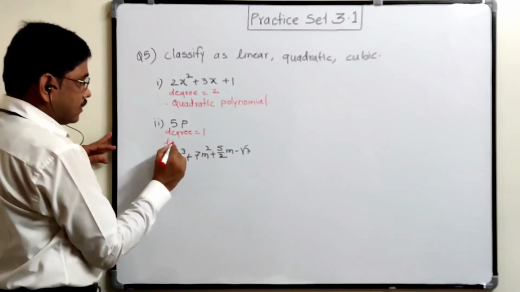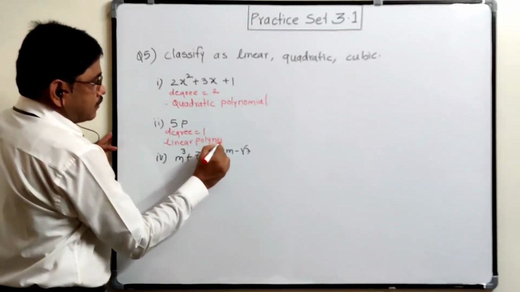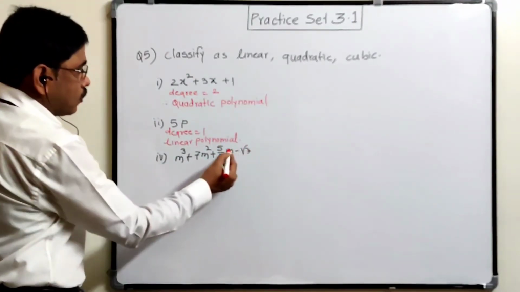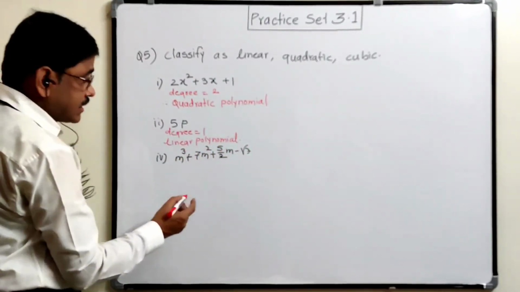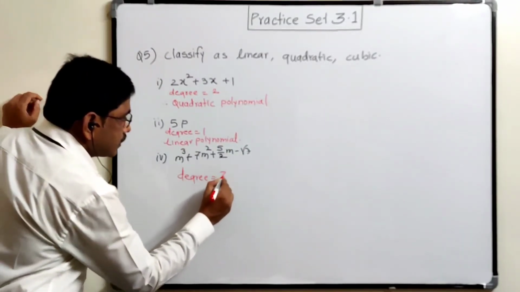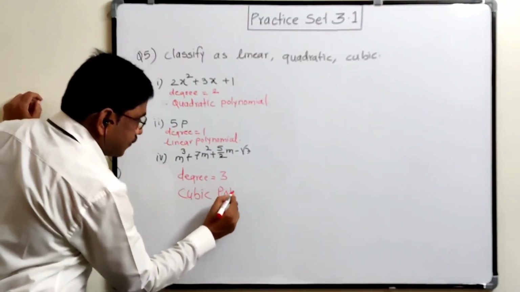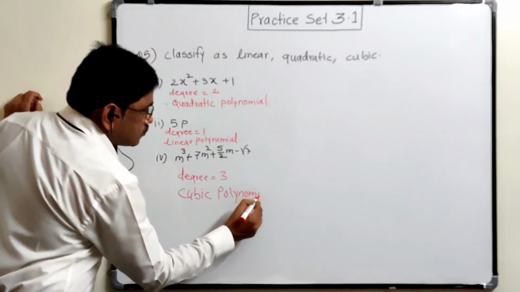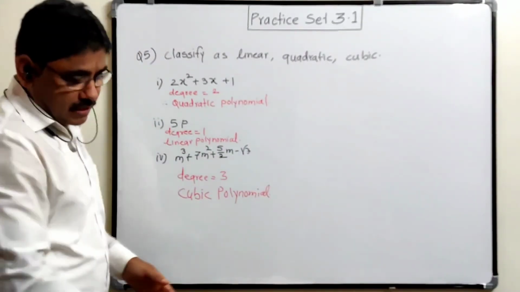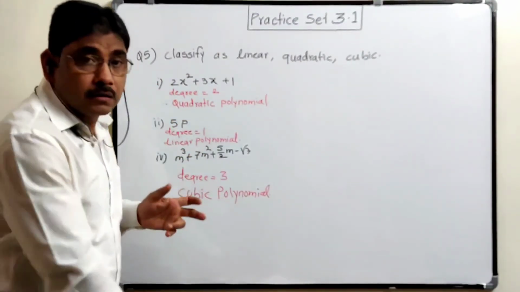Therefore it is called linear polynomial. Degree is 1, therefore linear polynomial. Here degree is here 0, 1, 2, 3. Highest power is 3. Therefore degree is 3. Therefore it is called cubic polynomial. So in this way we can decide whether the given polynomial is linear, quadratic or cubic.